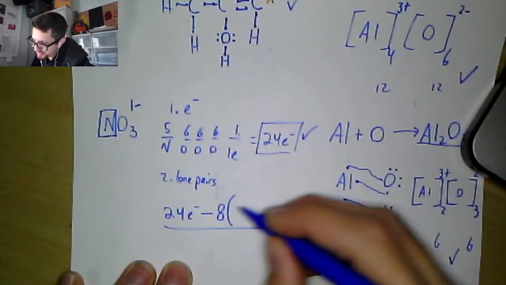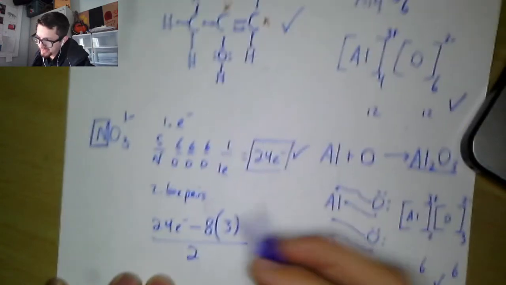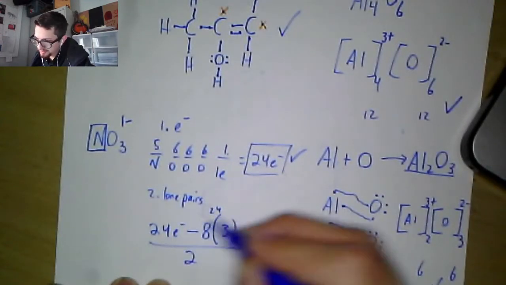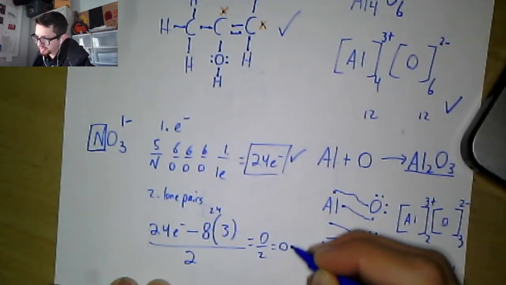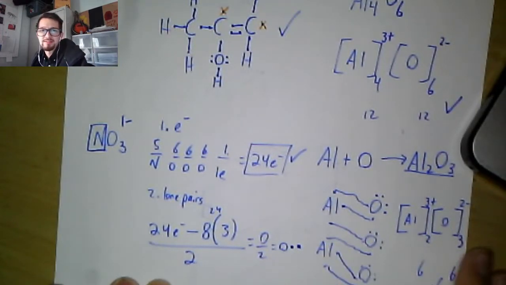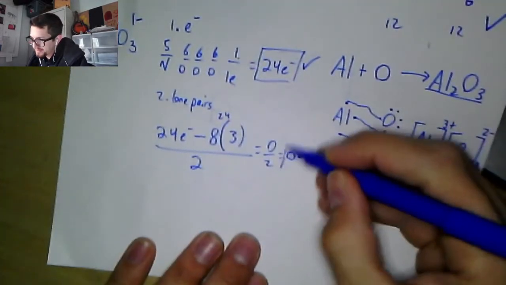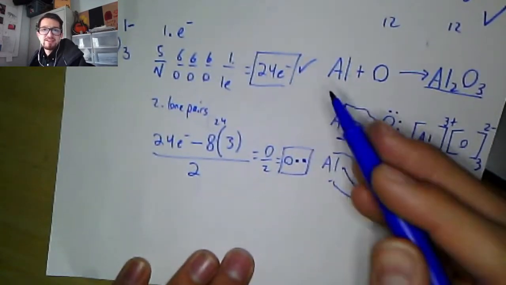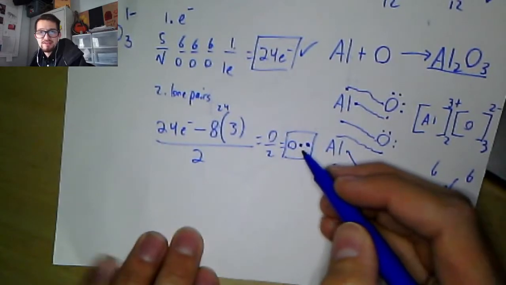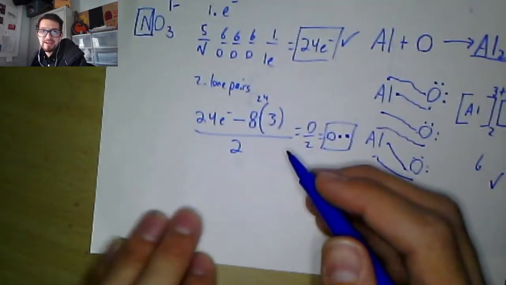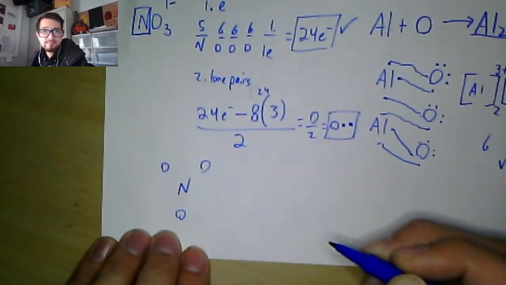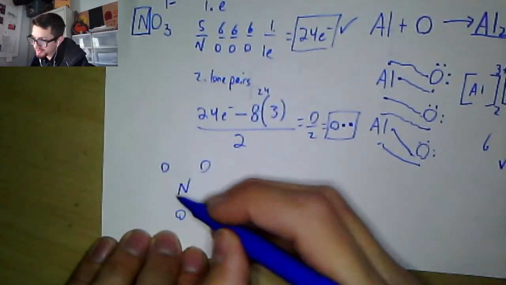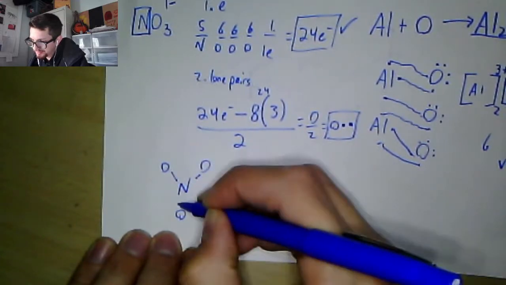So we'd have 8 times 3, all divided by 2. 8 times 3 is 24, so 24 minus 24 is 0, so that's 0 over 2, so that's 0 lone pair. So I have 0 dots on the middle of my problem. So now that I know I have 24 dots in total and no double dots on the middle, I can start to draw this. So I have a nitrogen, 3 oxygens, no double dots in the middle, which means nitrogen's going to have 4 bonds.